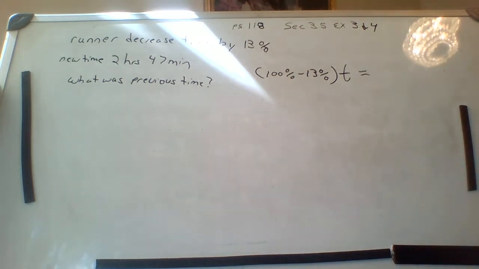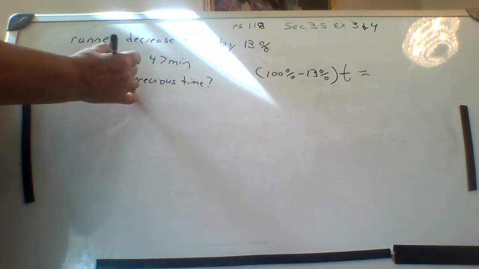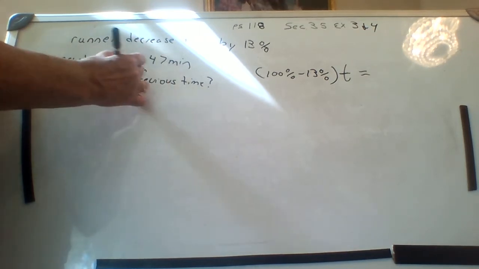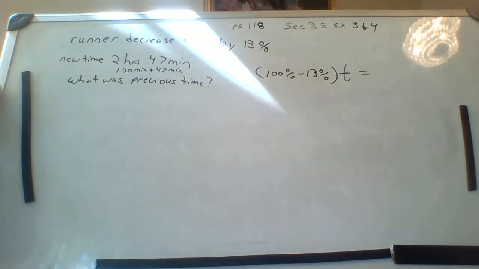Well, let's put this all in one unit. Let's put this all in minutes first. All right. So 2 hours converts to 120 minutes plus 47 minutes. Right? So we're going to add that up. That's going to give us 167 minutes.